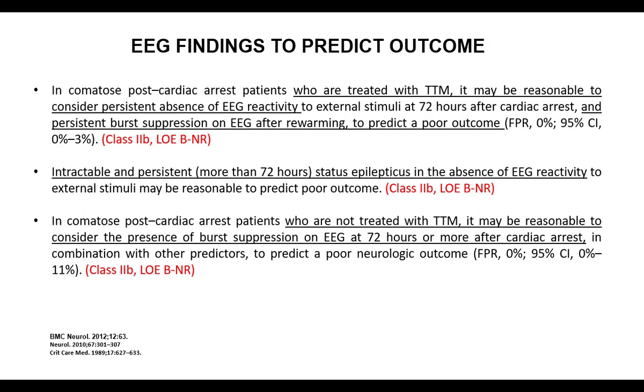Then intractable and persistent status epilepticus in the absence of EEG reactivity is again a poor prognostic marker. And after cardiac arrest in those who are not treated with targeted temperature management, it may be reasonable to consider the presence of burst suppression after 72 hours of proper management.